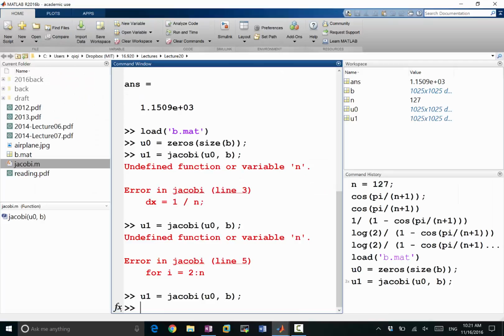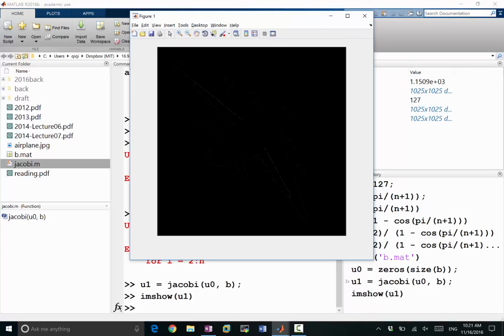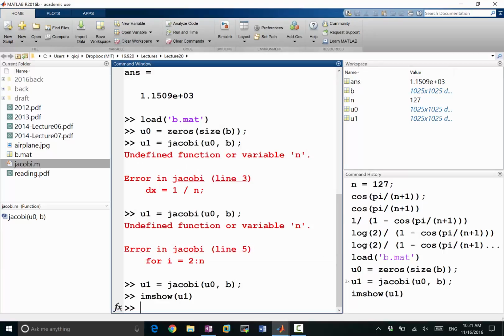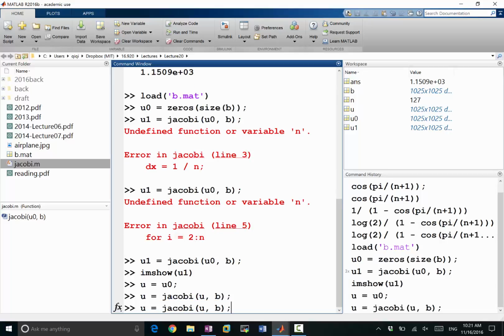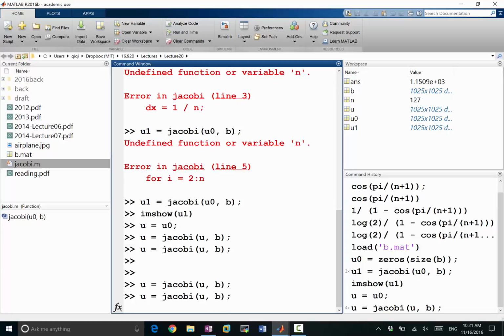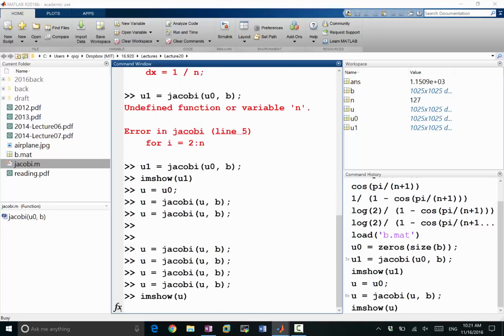If we do imshow of u1, it'll be pretty much dark, right? Because we only applied one iteration. What we can do is let's say u is equal to u0, and then u equal to Jacobi of u and b, and we can do that again, and again, and again. We can do this many times and show imshow of u.